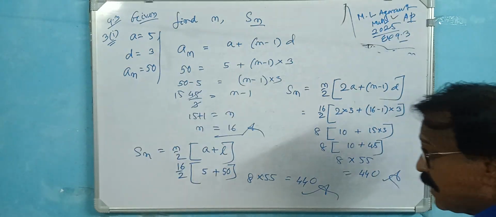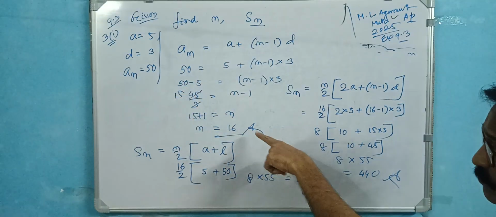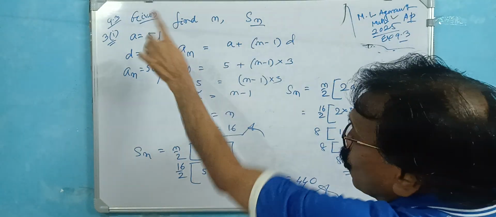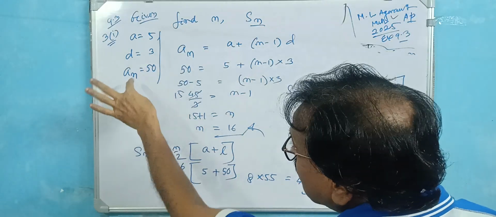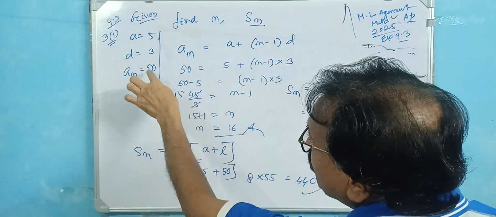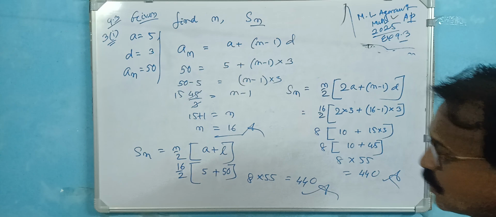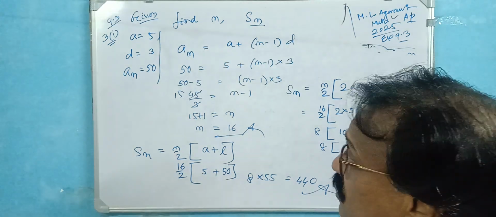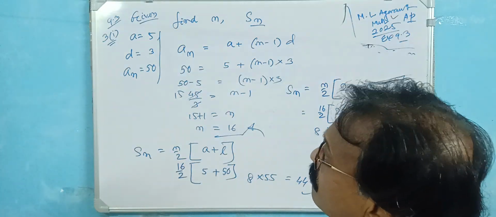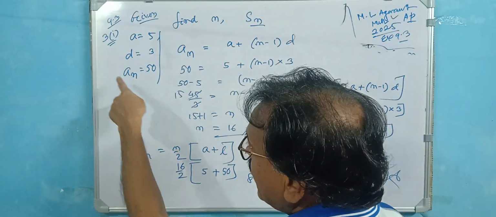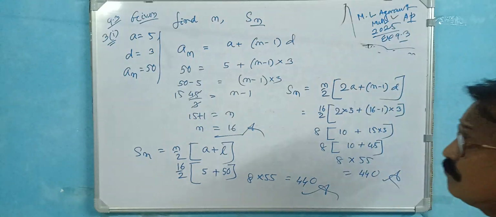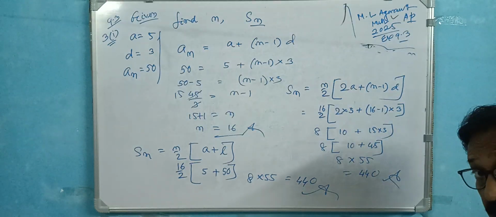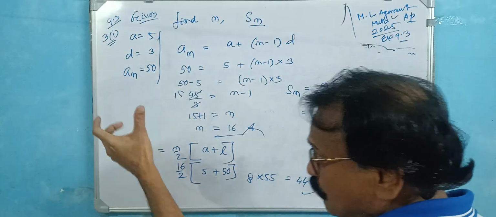You know the value of n is 16, you know a, and what is the value of the last term? The last term is 50, so you put l here. an is 50.